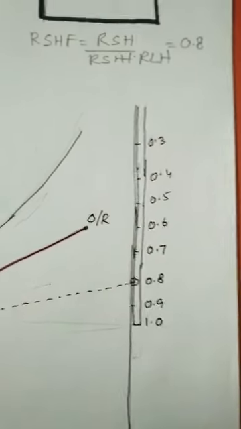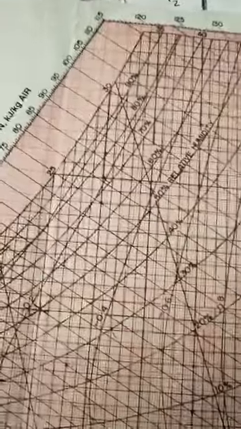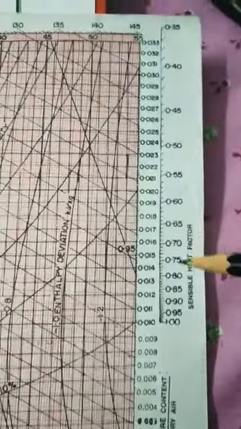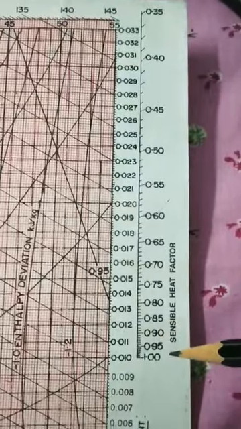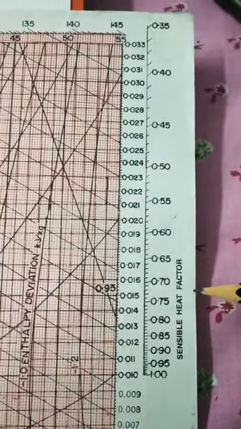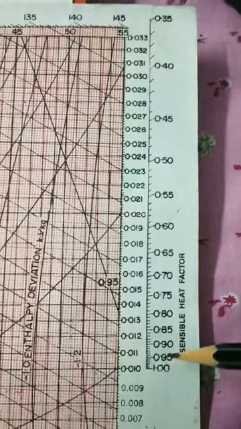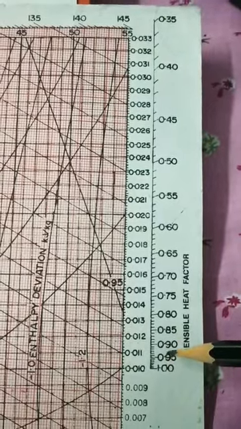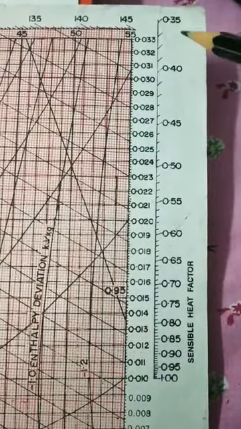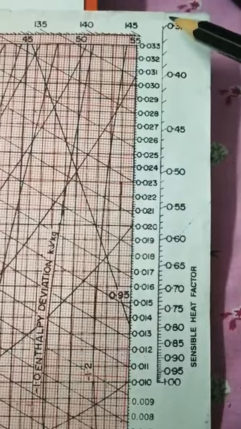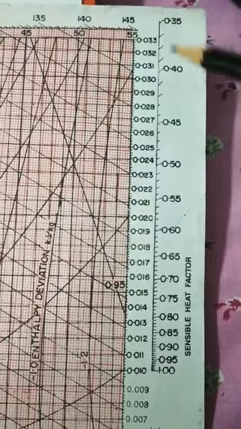If you see a psychrometric chart, this is a typical psychrometric chart, and on this side there is a table which says sensible heat factor. It starts from the value of 1.0 and goes on decreasing and becoming lesser. The least value is not given.